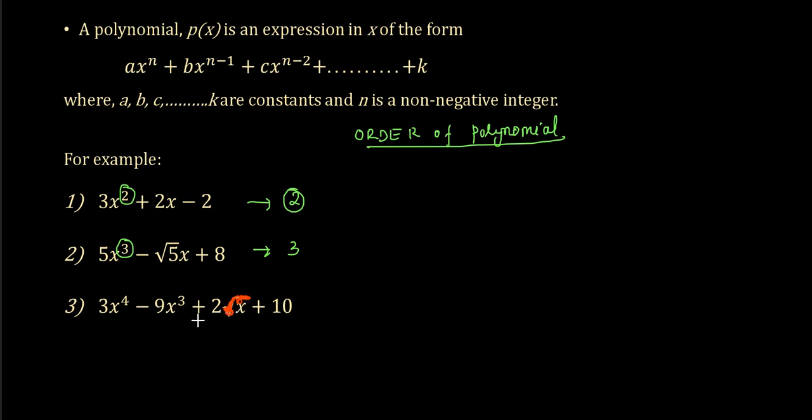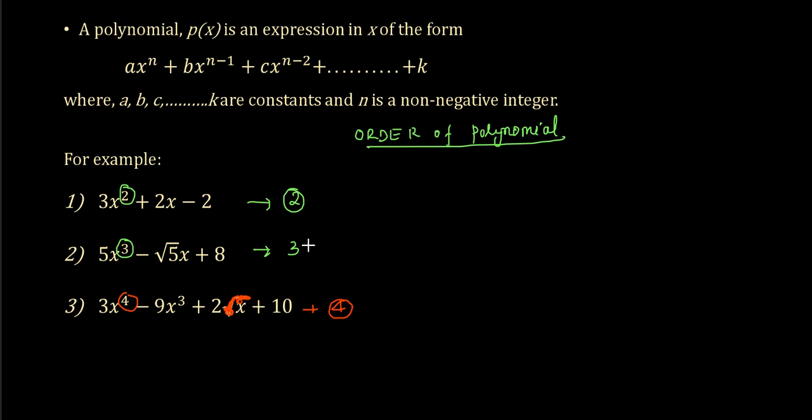Now highest power is 4, so we say this is a polynomial because it is now satisfying the condition, right? Then we choose the order, which is 4. So order is 4 here, right?